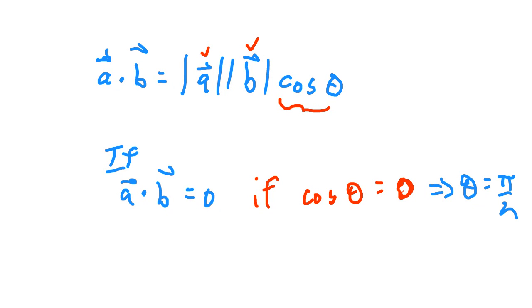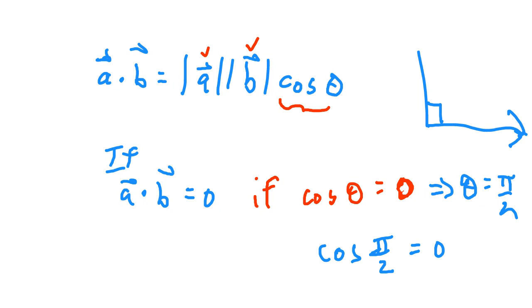Because the cosine of pi over 2, or 90 degrees, is 0. And that's why anytime you have two orthogonal vectors, A and B, the dot product equals 0. Okay?